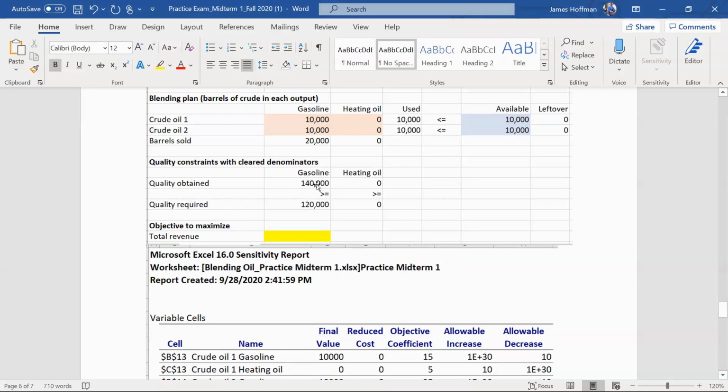Even though it's a greater than, it's only non-binding if you don't use all of the right side of the constraint. So it's only non-binding if there's something left, and there's nothing left because this is a greater than. So as long as you exceed it, it's still binding.